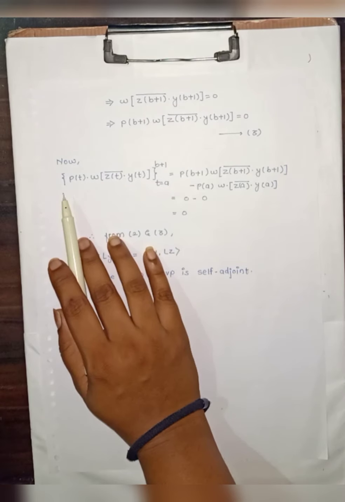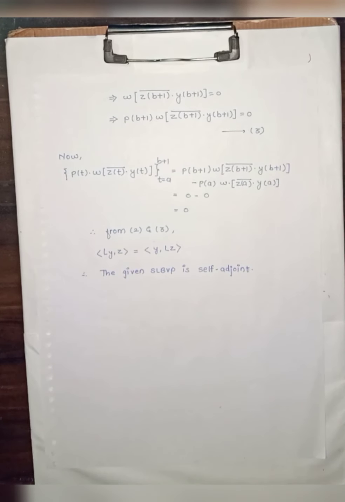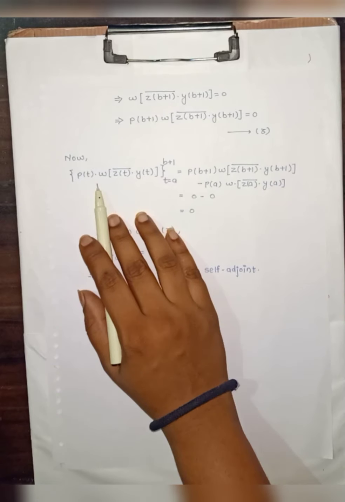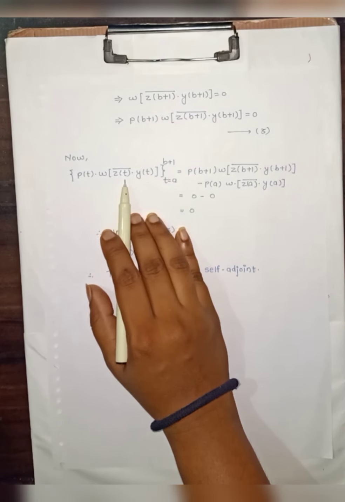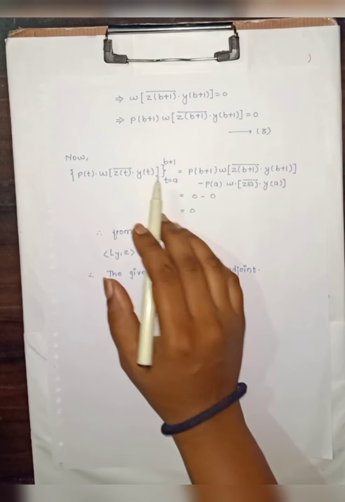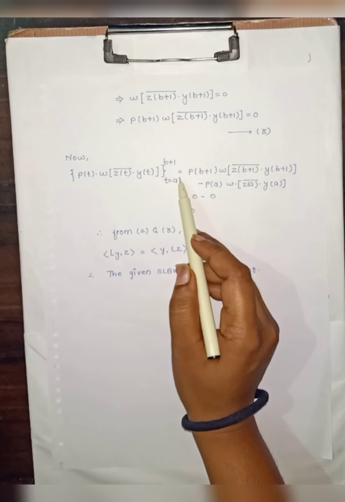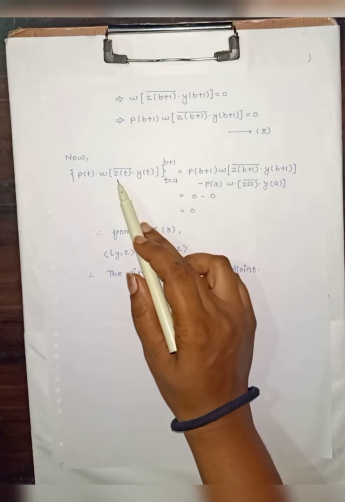So now we have taken this quantity as p of t into omega of z of t conjugate into y of t, with t varying from a to b plus 1, and we will apply these limits to it.